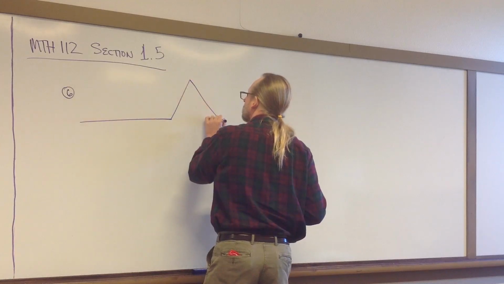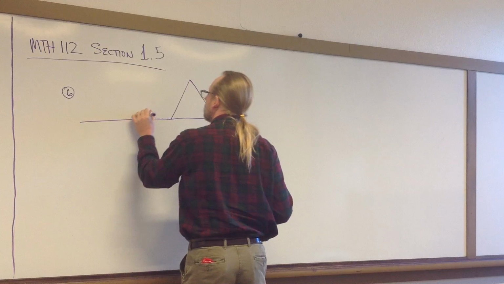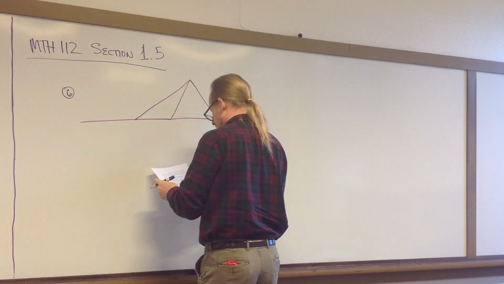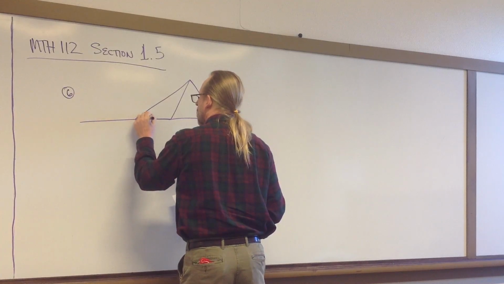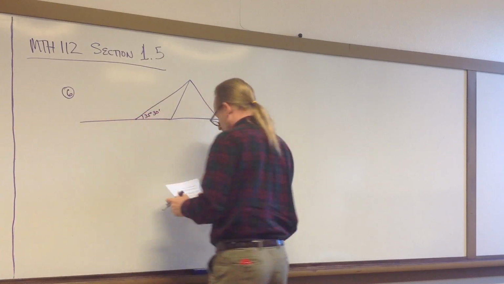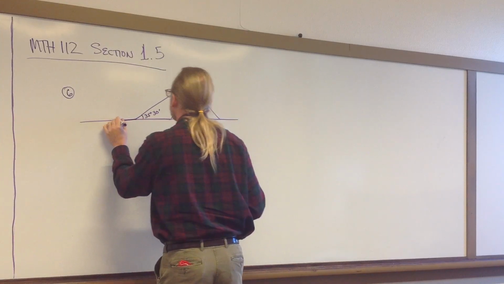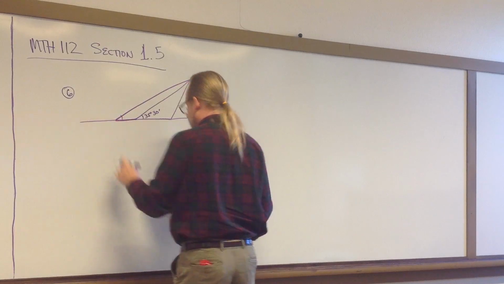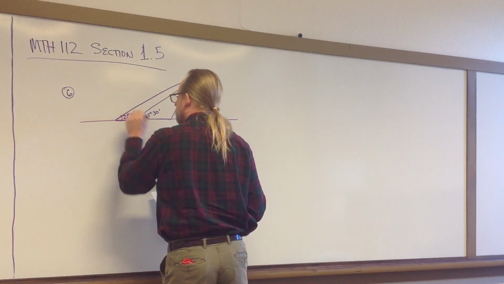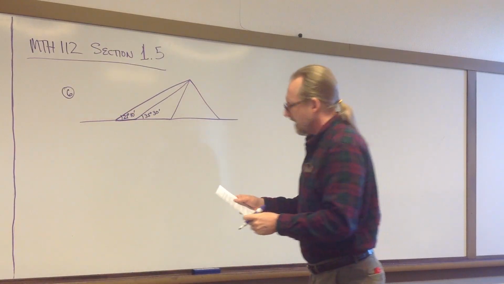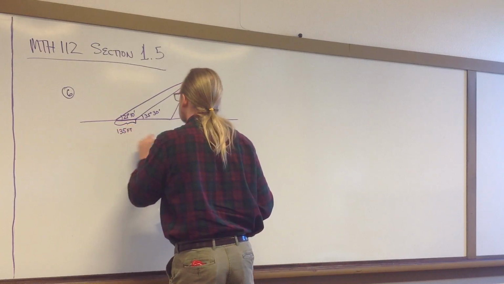So there's the pyramid, let's say, and we take our angle of elevation, and that turns out to be 35 degrees, 35 minutes. And then 135 feet further back, you take a new angle of elevation, and that is 21 degrees, 10 minutes. And we know that this is 135 feet.